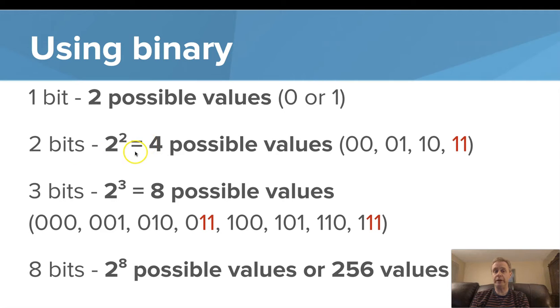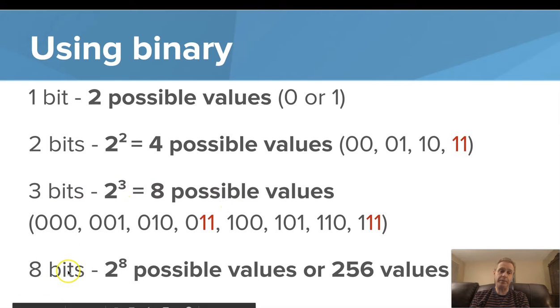Because if we have 2 bits, we have 4 possible values, these being the 4 possible ways that we can arrange those 2 bits. And when we moved up to 3 bits, we have 8 possible values, or 2 to the third, because these are all the possible ways that we can represent 3 bits. Again, every time we increase the number of bits, the number of possible values doubles.